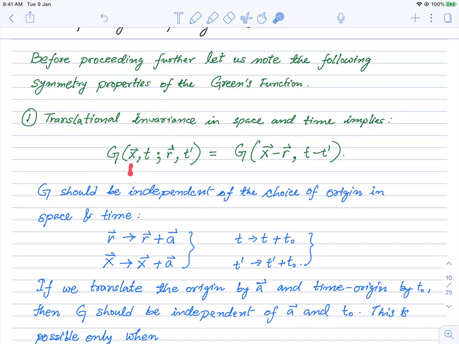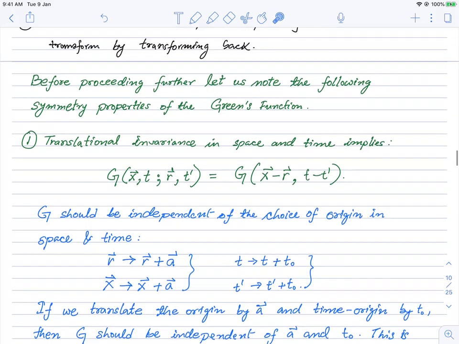So it had better be that these two variables in G appear in this particular combination. Otherwise, there will be no cancelling out, and under a shift of origin it will depend on the vector a and t naught. Only this condition will ensure that there is no dependence on such a shift. Because the source is invariant under such a shift, you'd expect the Green's function would also be.